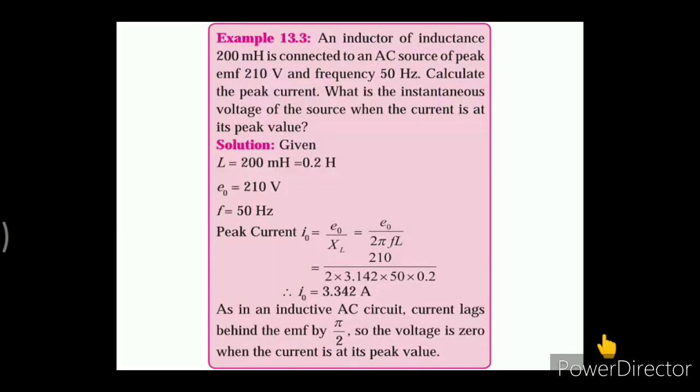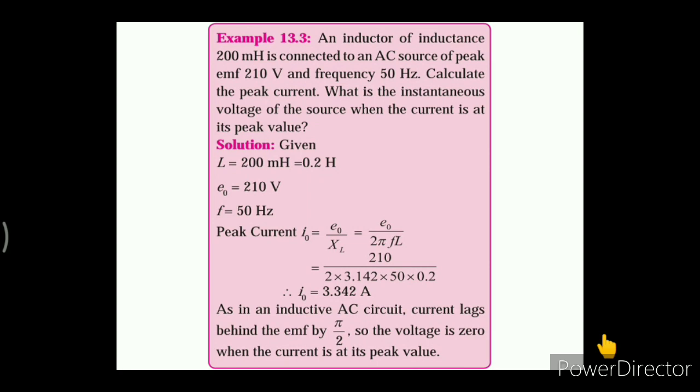In a pure inductive circuit, when the AC voltage is applied to an inductor, the opposition offered by the pure inductor to the flow of alternating current is called inductive reactance, denoted as XL, which is equal to omega L, which is equal to 2 pi F into L. Hence XL is directly proportional to the frequency of the applied voltage and the value of the self inductance L of the inductor.